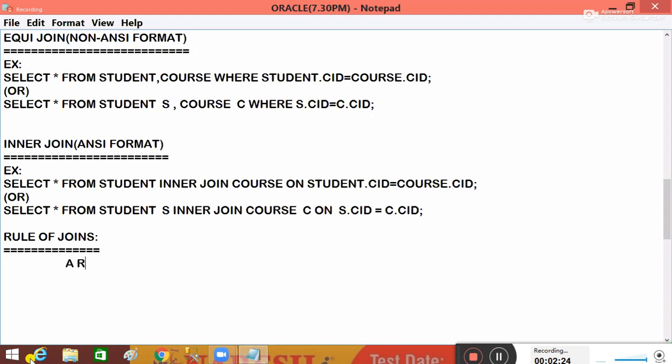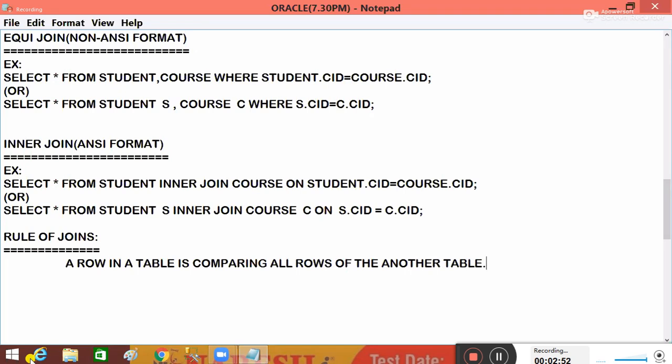Observe here: a row in a table is comparing with all rows of another table.